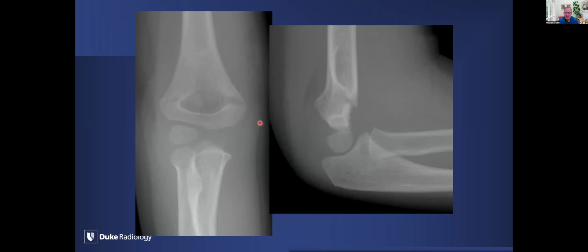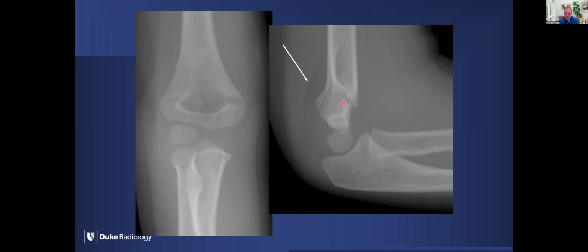Okay, so this is a more significant fracture. So again, big joint effusion. So in this case, we have elevation of the posterior fat pad, not a big elevation of the anterior fat pad. So again, always pathologic, that elevation of the posterior fat pad. We can see the fracture here.